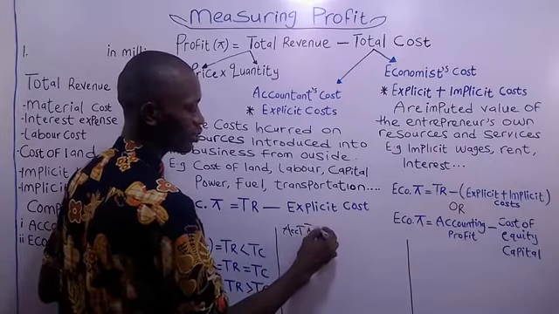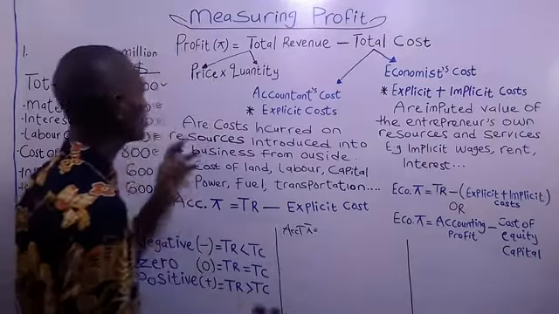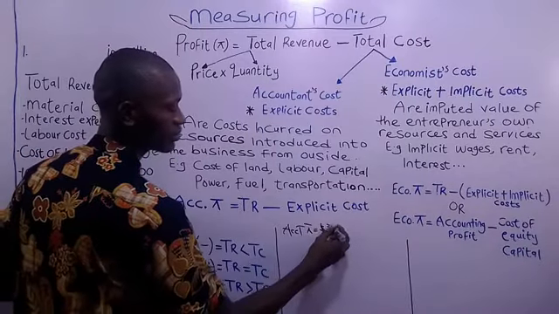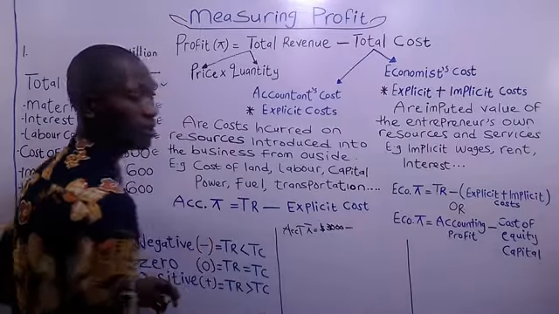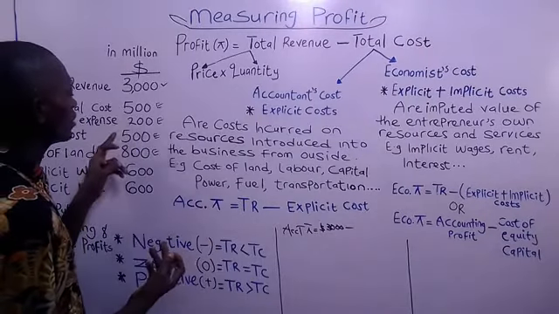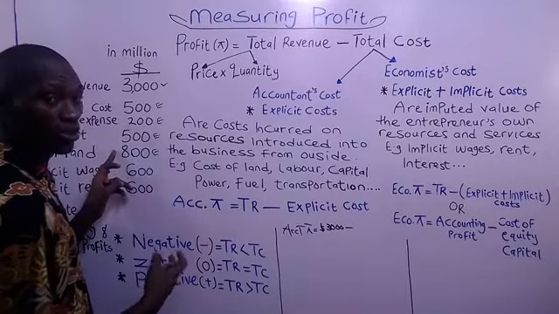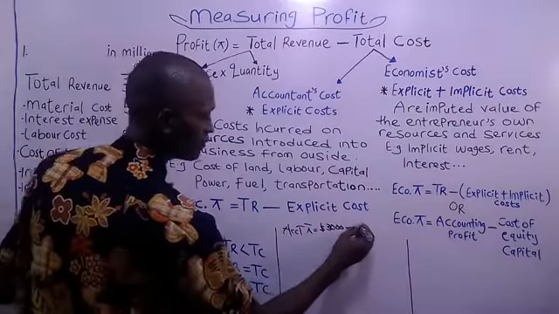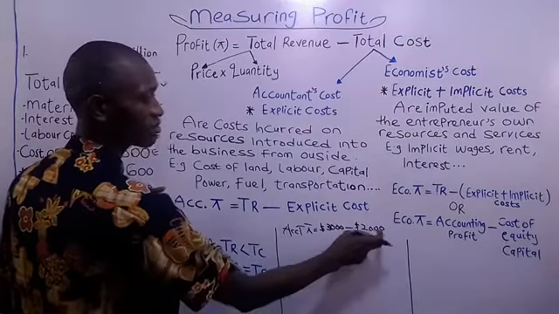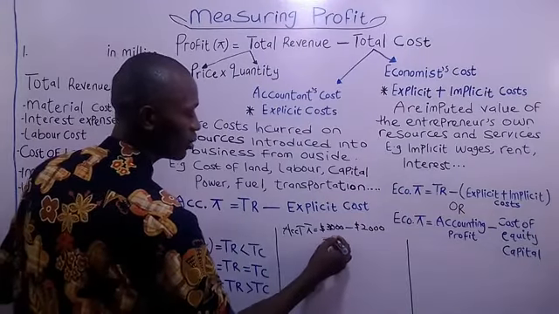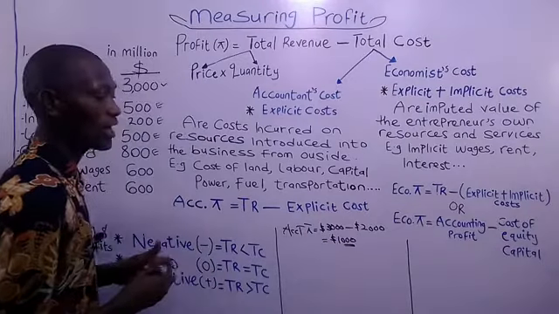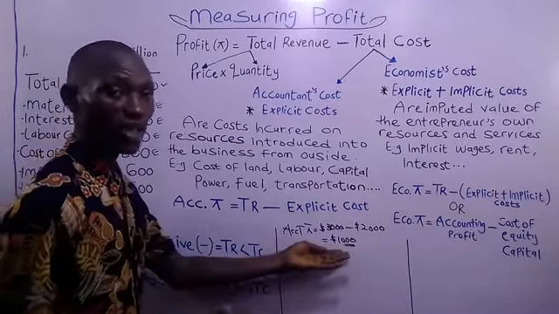Accounting profit equals total revenue, given as $3,000, less the total explicit cost, which is 500, that's 700, $2,000. So we have $3,000 minus $2,000, and we have $1,000.